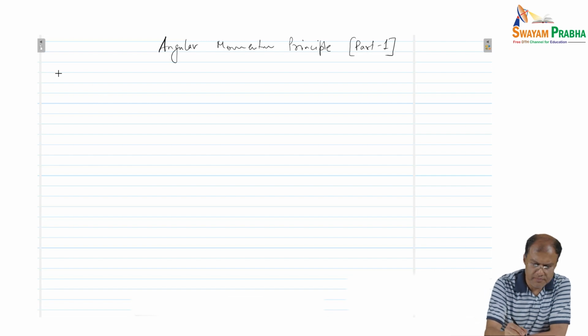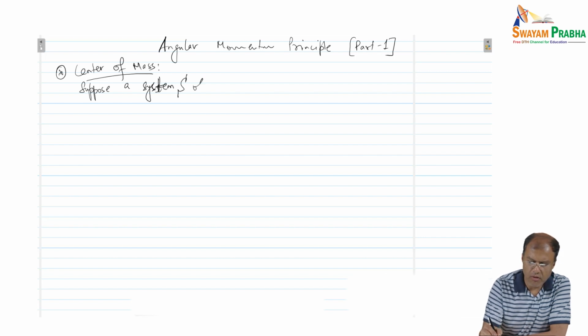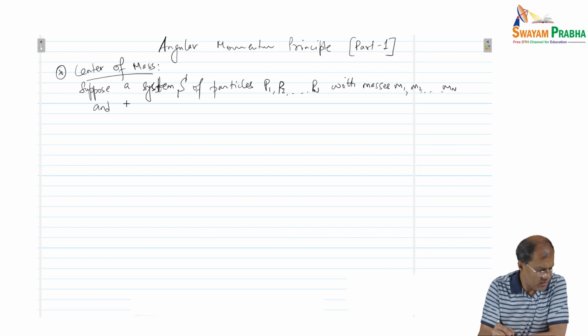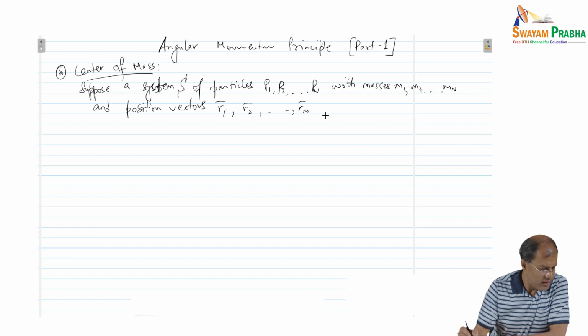So suppose a system S of particles P1, P2, Pn with masses m1, m2, mn, and suppose their corresponding position vectors are r1, r2 and rn, respectively.